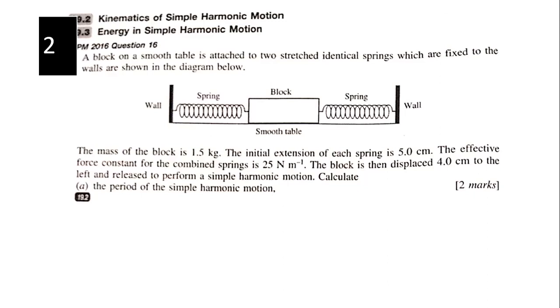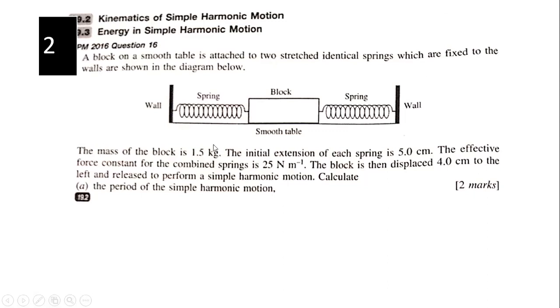This one I derived with you in class already. The spring constant one, the formula T equals 2 pi root m over k. A block on a smooth table is attached to two stretched identical springs. That means k is a constant, fixed to the wall as shown in the diagram below.